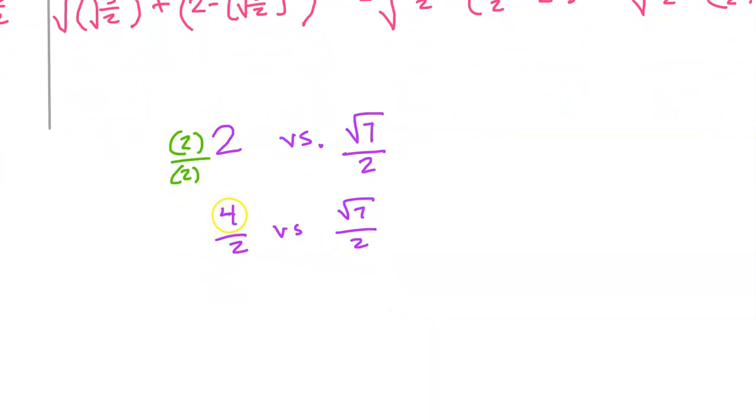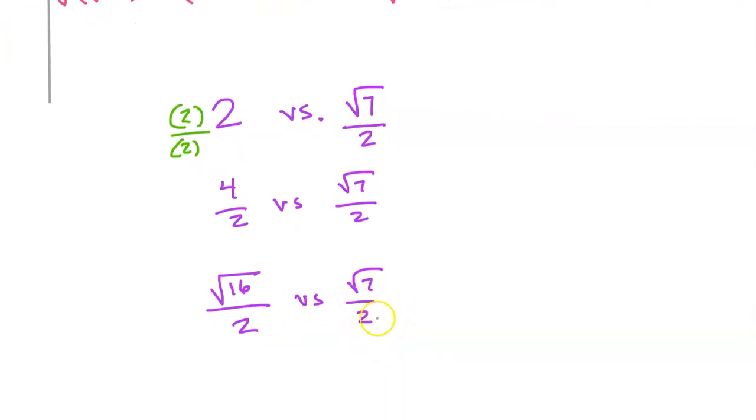Now let's make the numerator of this first number a radical so that we can compare directly. So 4 is the same thing as the square root of 16. So we have the square root of 16 over 2 versus the square root of 7 over 2. Obviously, the square root of 7 over 2 is less.